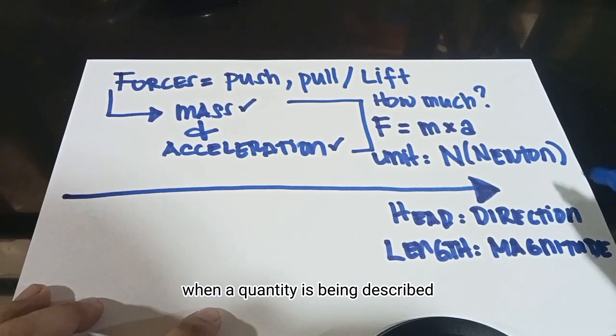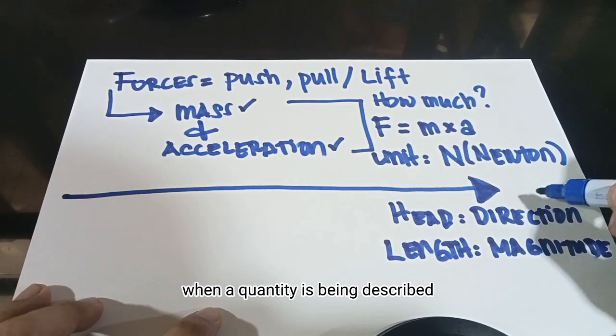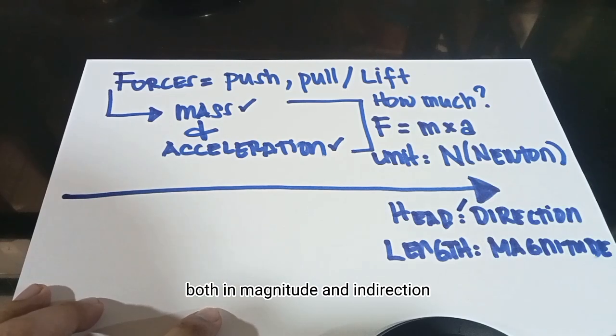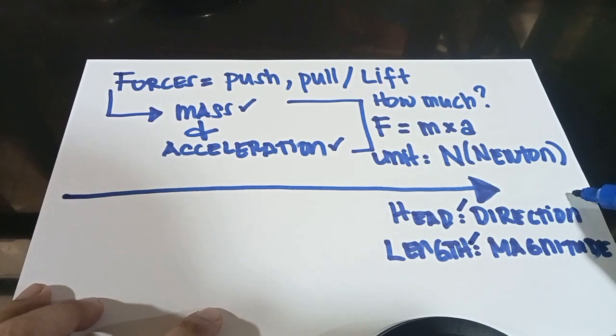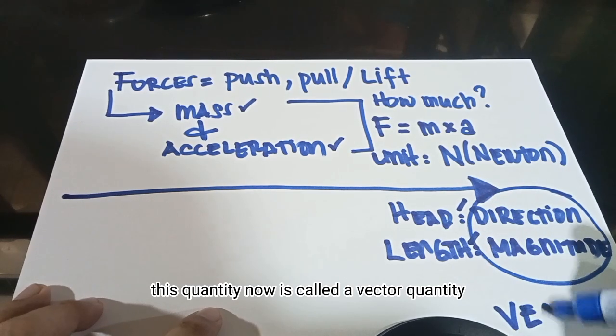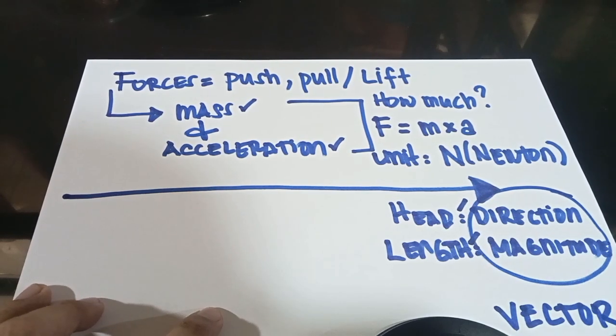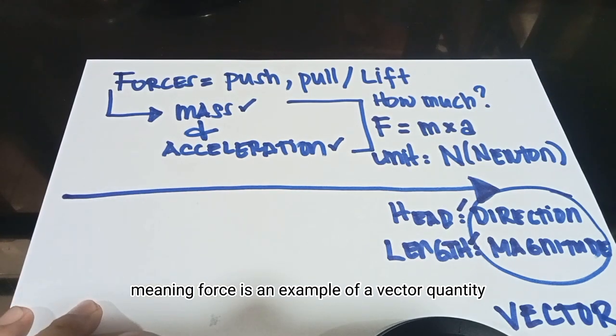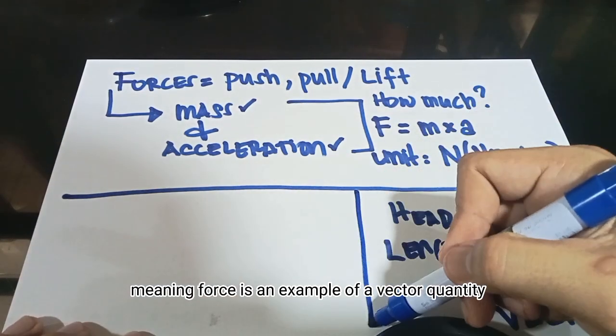When a quantity is being described both in magnitude and in direction, this quantity is called a vector quantity, meaning force is an example of a vector quantity.